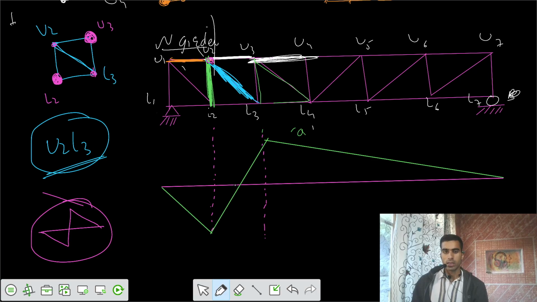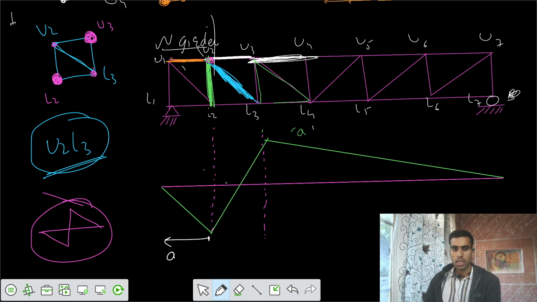I would say this value would be equal to x. Can you tell me what is this value of x? I would say this is a, and x d by l. The value of l is 6 times a, so 1 by 6th of d by h.